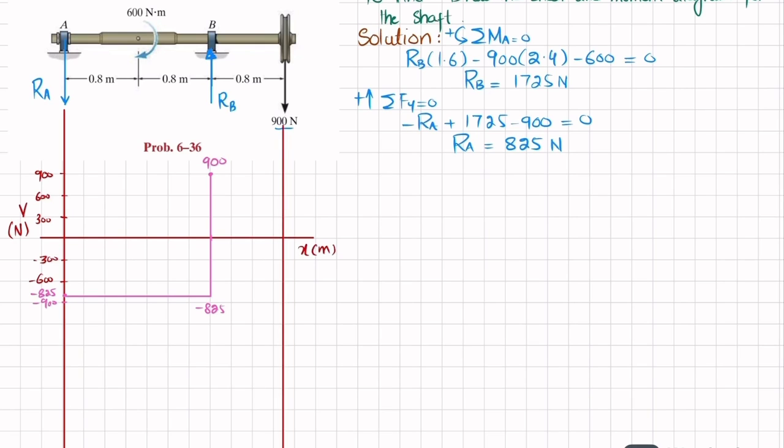Now moving from point B till the end, there is no other shear force, so it will remain horizontal. Clear? And at the end you can see you have 900 downward, so it will come back to zero. So this will be your shear force diagram.